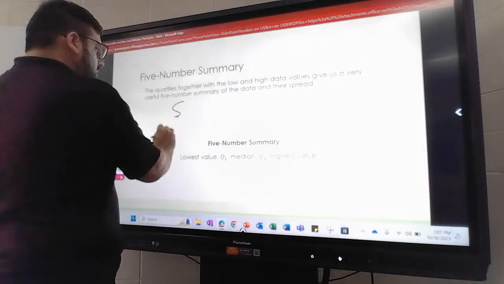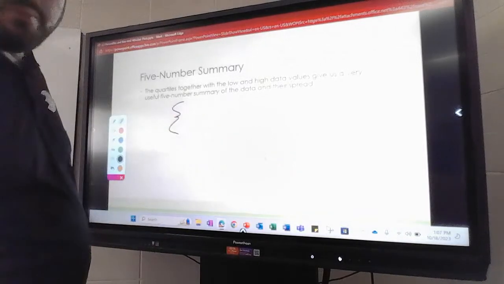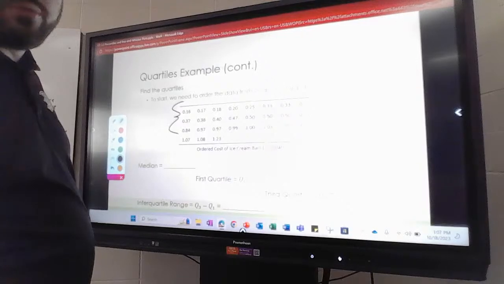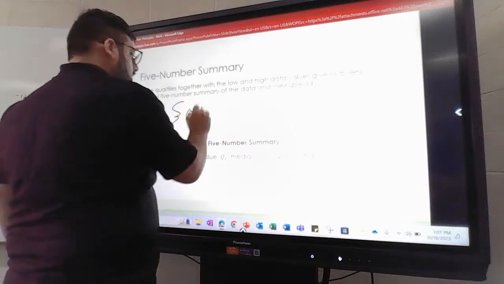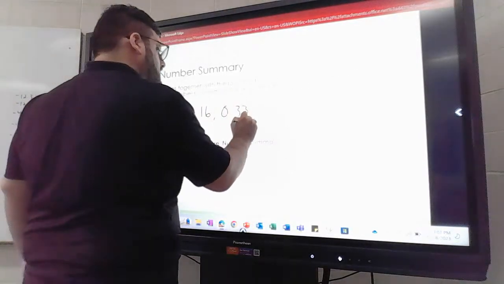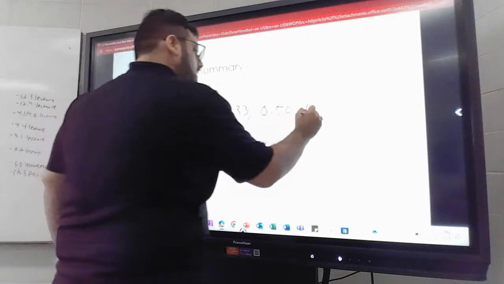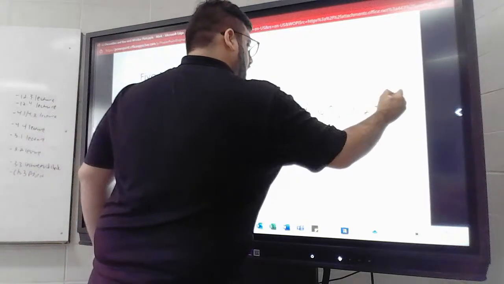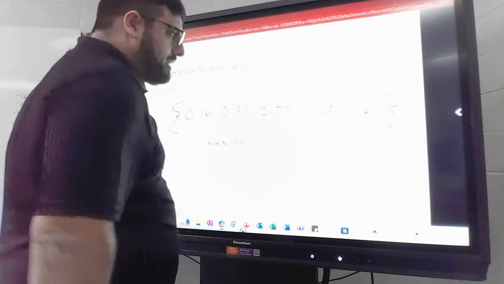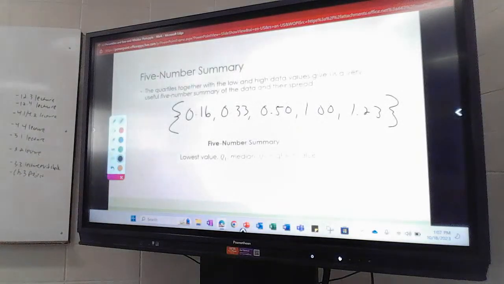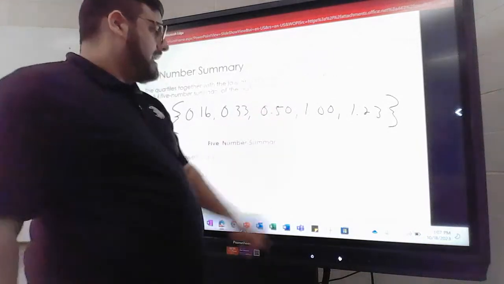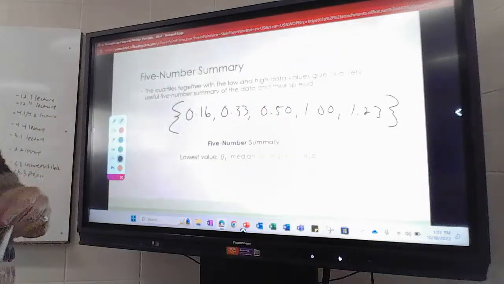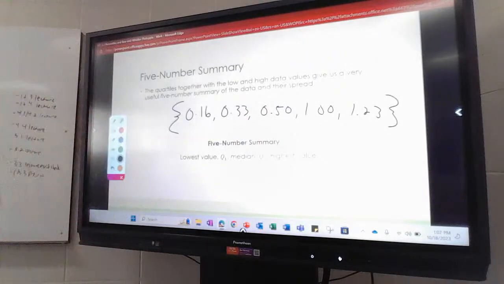So in this example, that's 16 cents, 33 cents, 50 cents, $1, and 123 cents. So 16 cents and 123 cents were my smallest and largest values. 33 cents was my first quartile, 50 cents was my median, and $1 was my third quartile. That's a 5-number summary. Now how else can we use this visually to express the data?